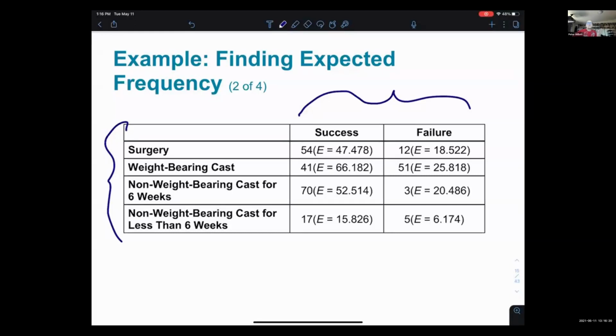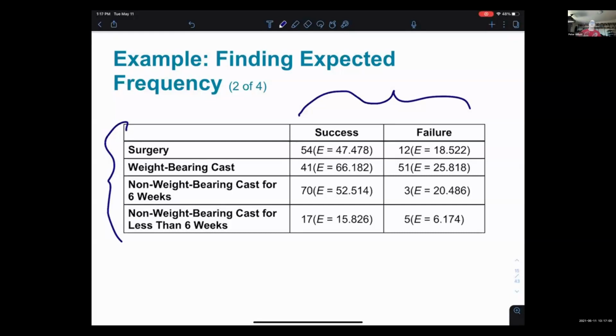If none of these really seem to matter as to whether you have success or failure in treating your broken bone in your foot, well, then maybe you don't want to necessarily use the most expensive one, for example. So it's a very interesting question as to whether the type of treatment you get has some dependency on whether there's success or failure in the treatment itself.